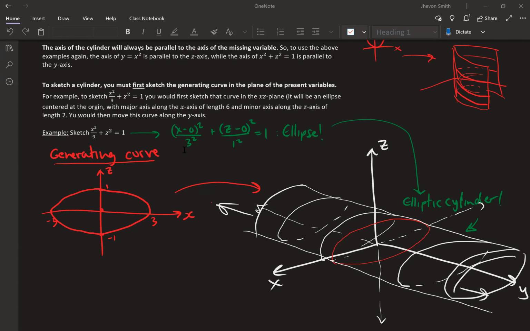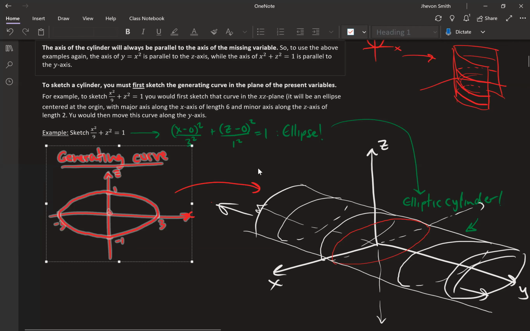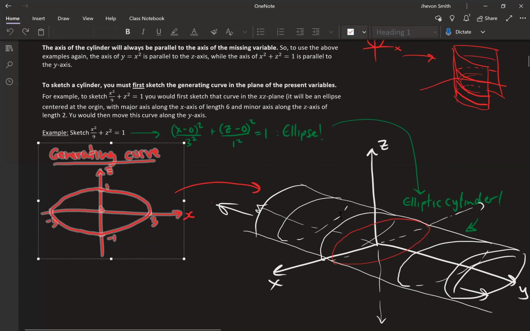And you slide that generating curve along an axis to create the 3D figure. Now, the missing variable tells you what the axis is parallel to. Since y is missing here, you know that the axis of this cylinder is parallel to the y-axis. And in fact, it is the y-axis exactly because this is centered at 0, 0.